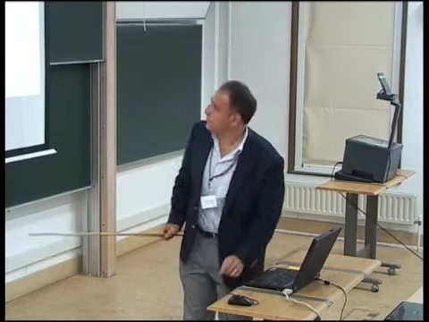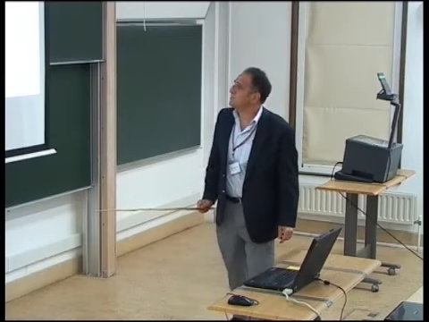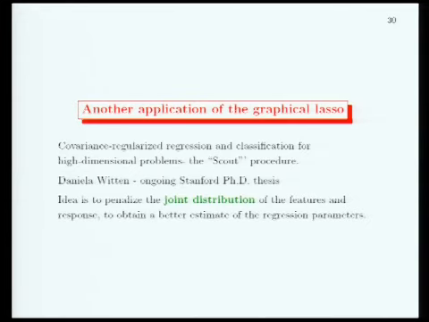One last thing: one of my students, Daniela Witten, is using this idea of joint covariance estimation for regression. It's something we call the SCOUT. So the basic idea is I'm doing regression of y on x. Rather than going directly to y and x, I'm first going to use the graphical lasso to get an idea of the joint distribution between x and y.